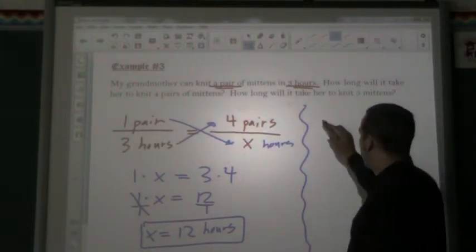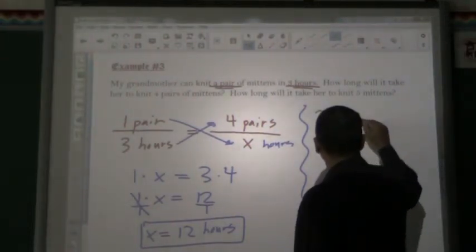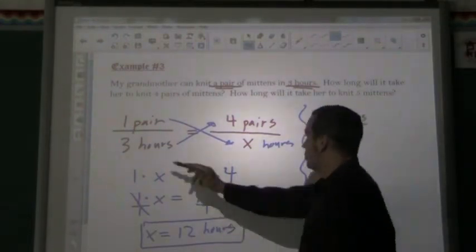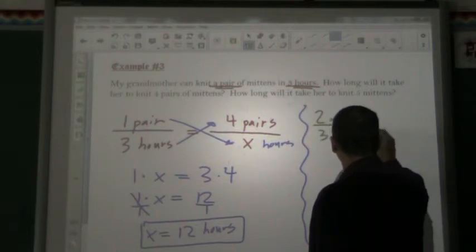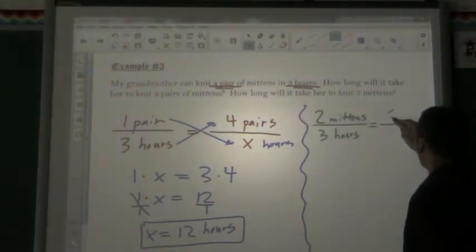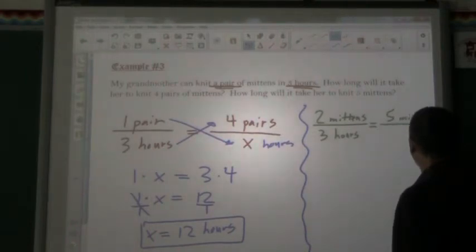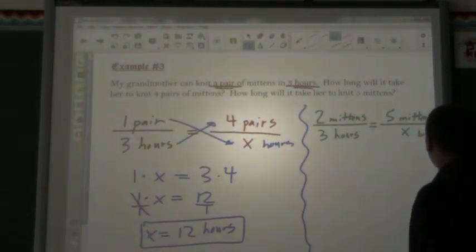Well, I know that there are 2 mittens in a pair, so now I can say 2 mittens is what she can do in 3 hours. Okay. So now I want to know how long will it take for her to do 5 mittens. I want to figure that out.